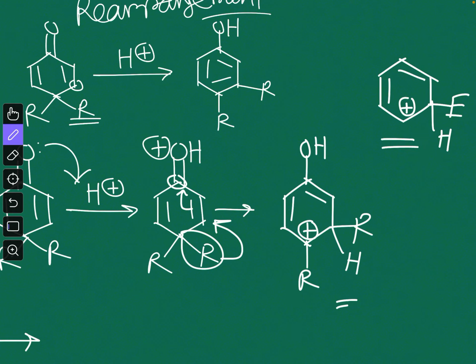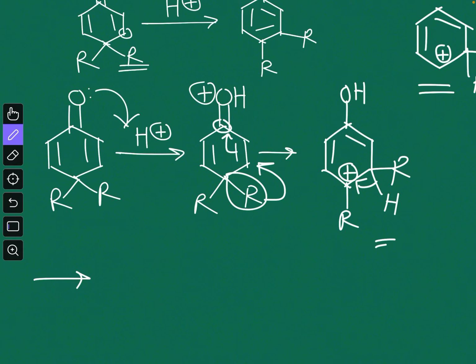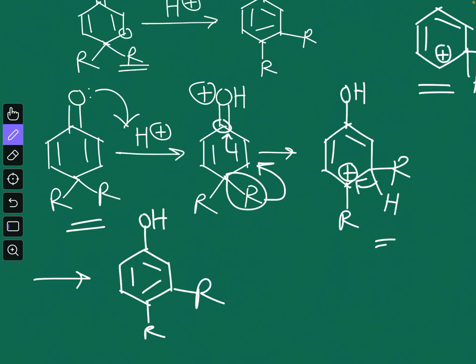So next step, we all know that it will lose a proton to attain aromaticity, not get it back, because initially it was not aromatic. So by this it will achieve aromaticity, and you will get this phenol product. So this is how the dienone phenol rearrangement occurs.